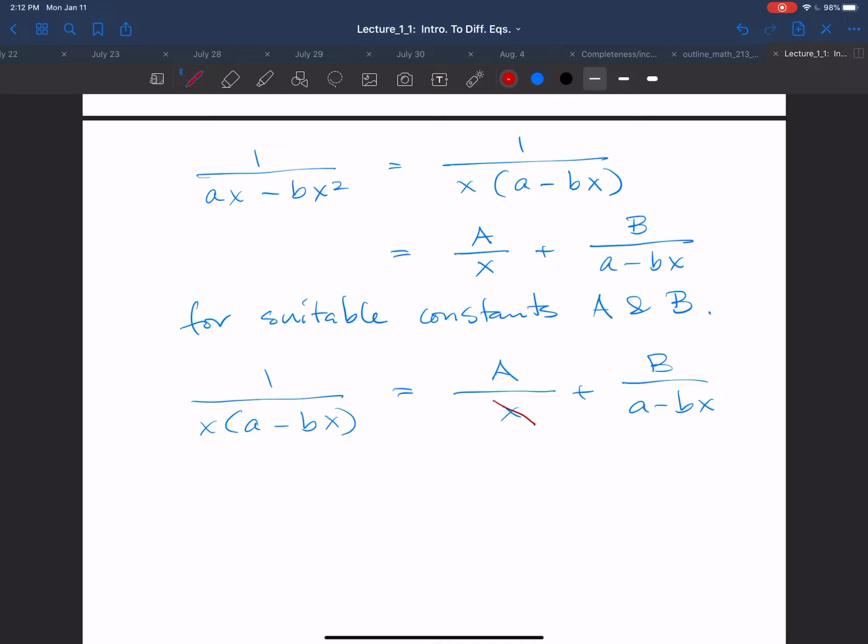The x disappears from that denominator, and we get an x in the numerator of the other terms. Now on the left-hand side, the x's cancel out, so we're in fact just left with 1 as the numerator. On the right-hand side, the x remains in the numerator. So we can make our equation relatively easy to solve by simply setting x equal to 0.